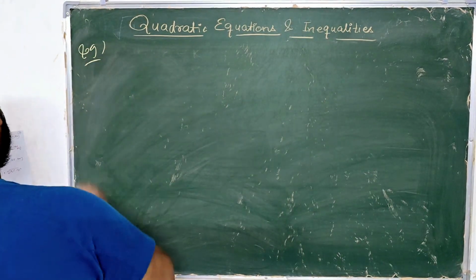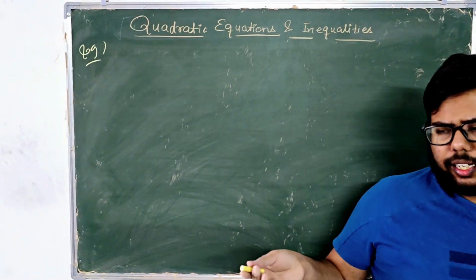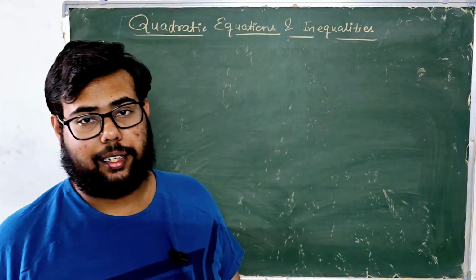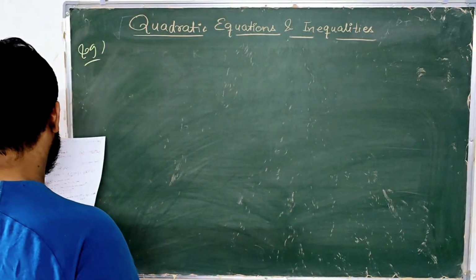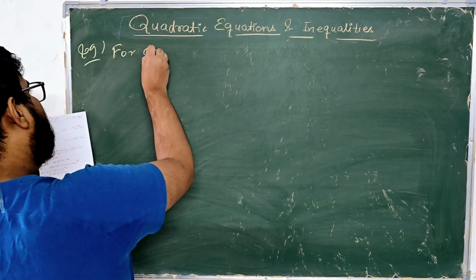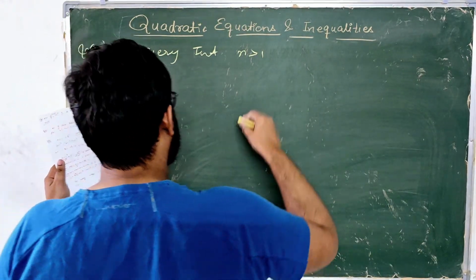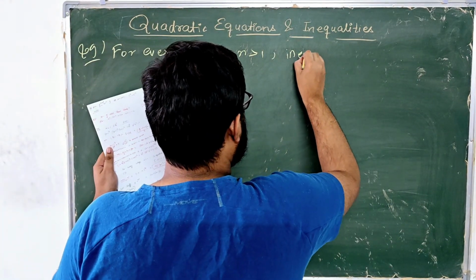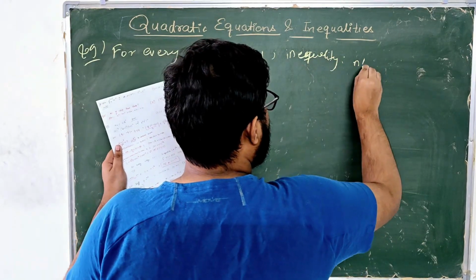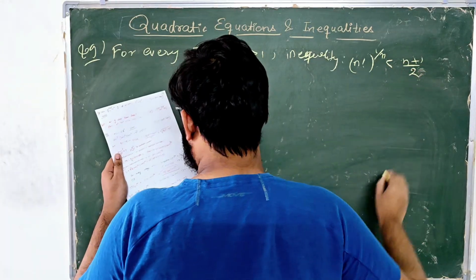Question number 9. Now you must have observed I did 4 to 5 questions regarding quadratic equations. Now I'm doing the questions regarding inequalities. Okay. So for every integer n greater than 1, the inequality n factorial raised to the power 1 by n is less than n plus 1 by 2.